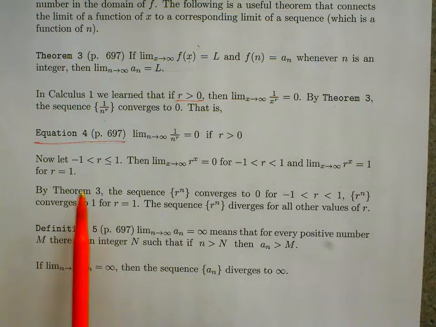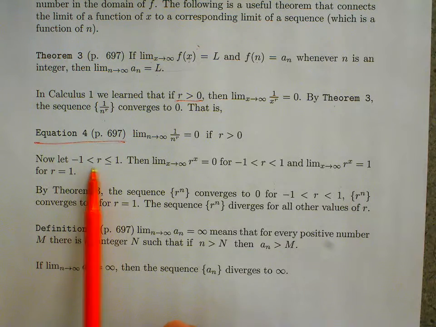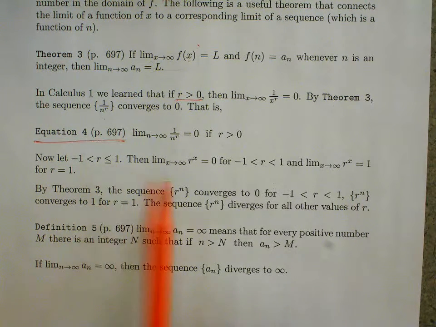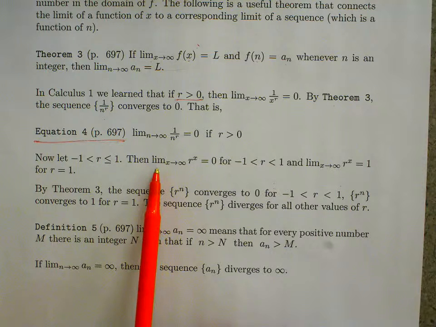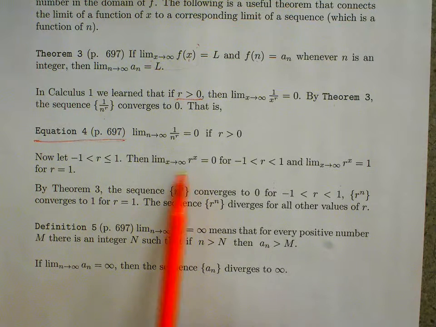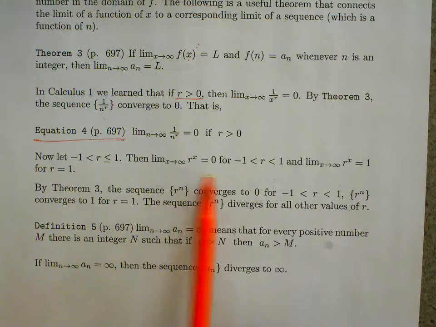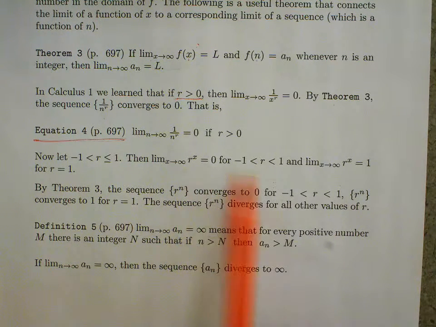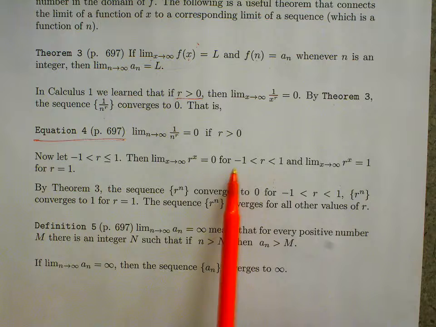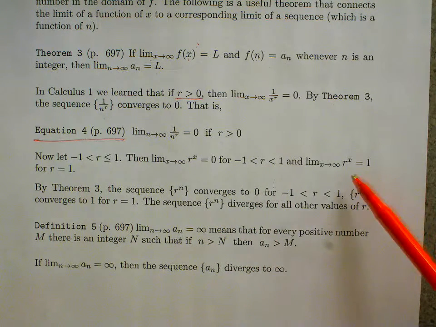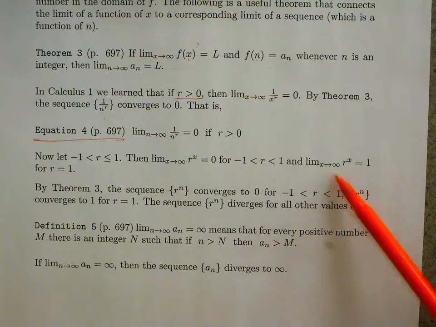Okay, now let -1 be less than r, which is less than or equal to 1. So remember from Calculus 1, the limit of r to the x as x approaches infinity is equal to 0 when r is strictly between -1 and 1. When r is equal to 1 itself, then the limit of 1 to the x is equal to 1.